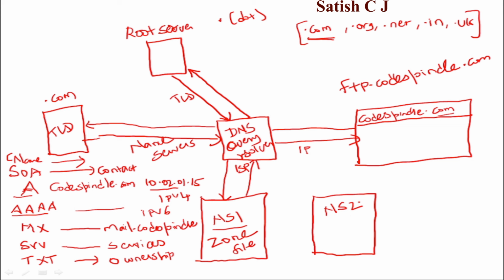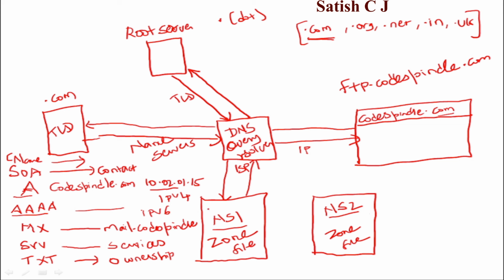It is used for managing any issues. Say if name server 1 goes down, name server 2 will help out with the queries. So what name server 2 has is an exact copy of the zone file. These two servers are like replications. NS2 is a replication of NS1.